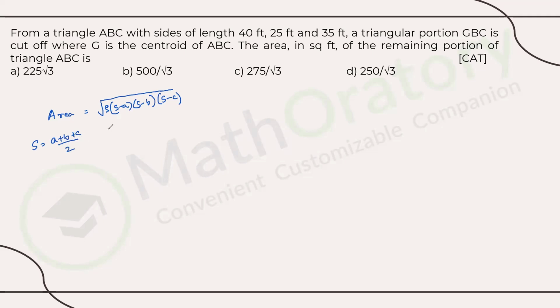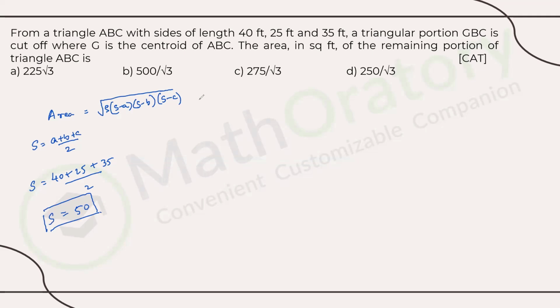So if I have three sides of a triangle, until and unless we can use some other easier idea to figure out the area, this is always one way to approach and figure out the area of the triangle. Having known the sides as 40, 25 and 35, obviously we can figure out the semi-perimeter here quickly. So that would be 40 plus 25 plus 35, half of it. So 25 plus 35 is 60, plus 40 is 100, half of it would be 50. So the semi-perimeter is 50 out here.